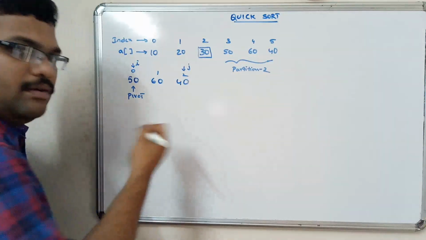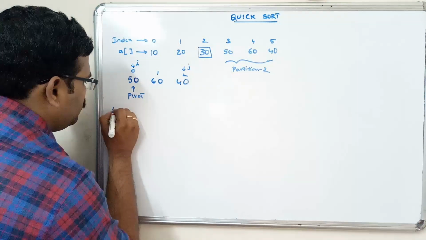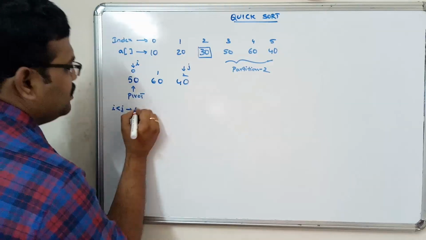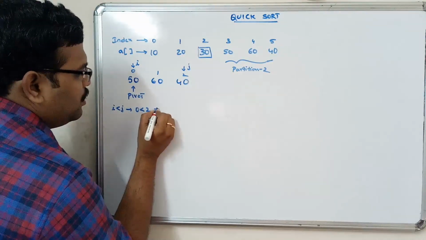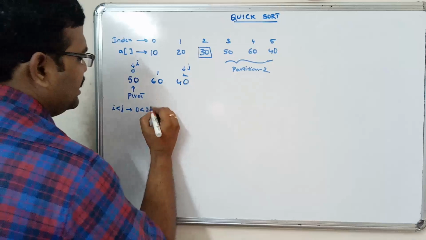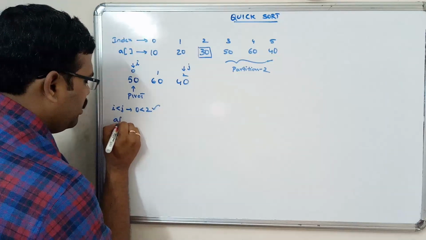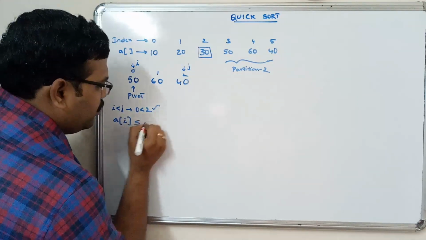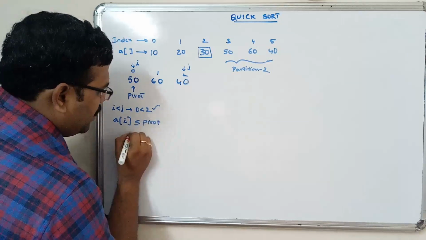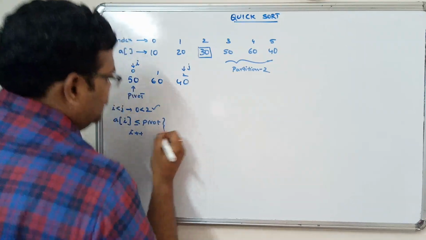Right. So continue the process. So I less than J, that is 0 less than 2. So this condition true. Then A of I less than or equal to pivot, I plus plus. So keep on doing all these things.